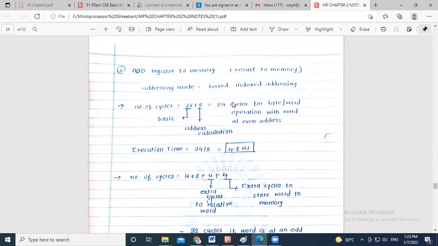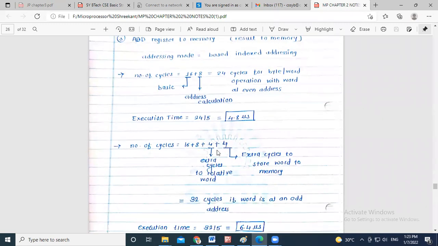So this 24 divided by 5, number of clock cycles divided by clock frequency 5, you will get 4.8 microseconds. And the total number of cycles is 16 plus 8 plus 4 plus again 4 for the extra cycles in the add register.